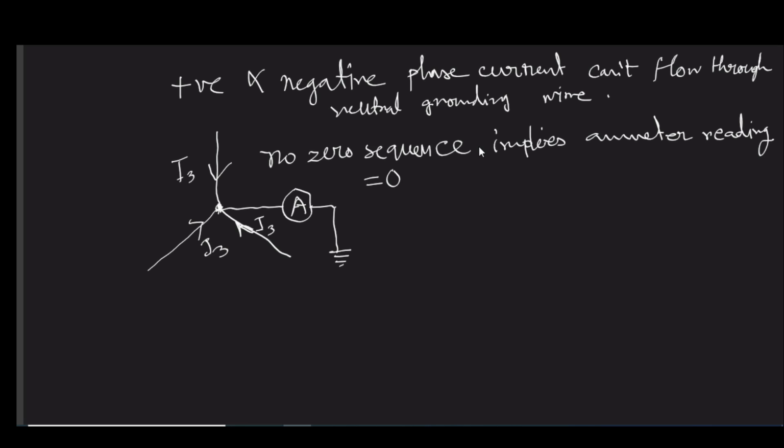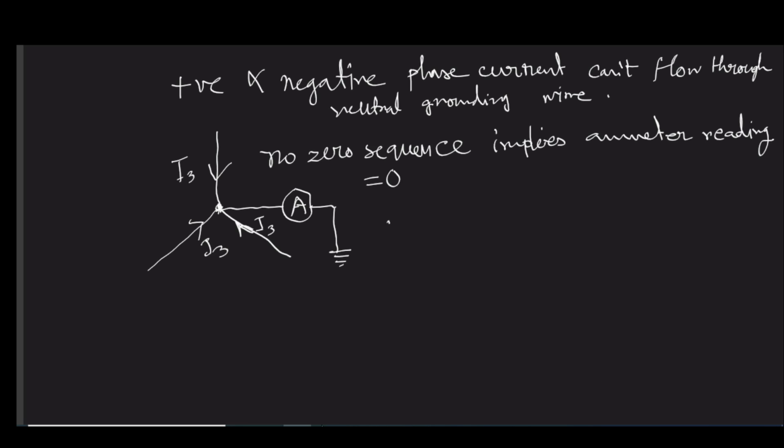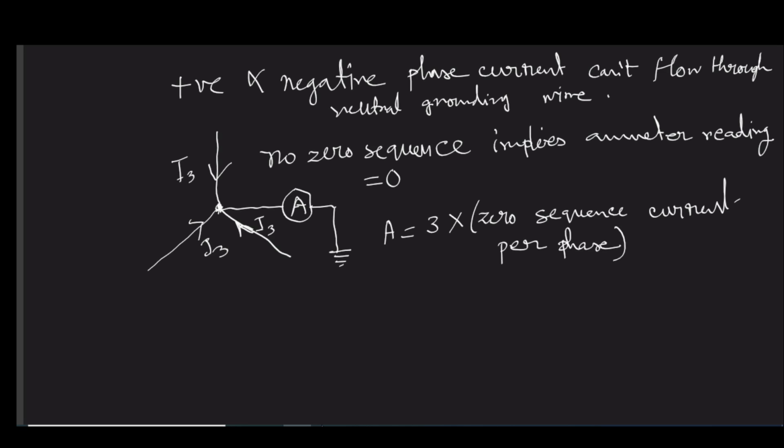So they are in phase, and in case a zero sequence current component is present, then this ammeter would read three times the zero sequence current per phase, since all the sequence currents are equal in magnitude in all the phases.